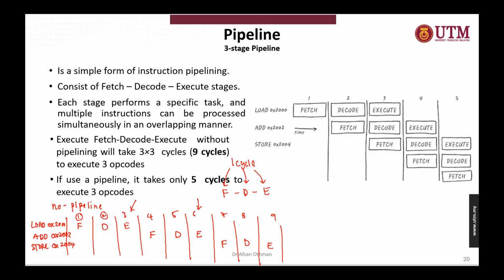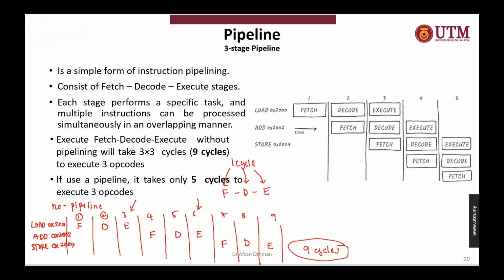By not using a pipeline, the total cycles needed is 9 cycles to execute these 3 instructions.